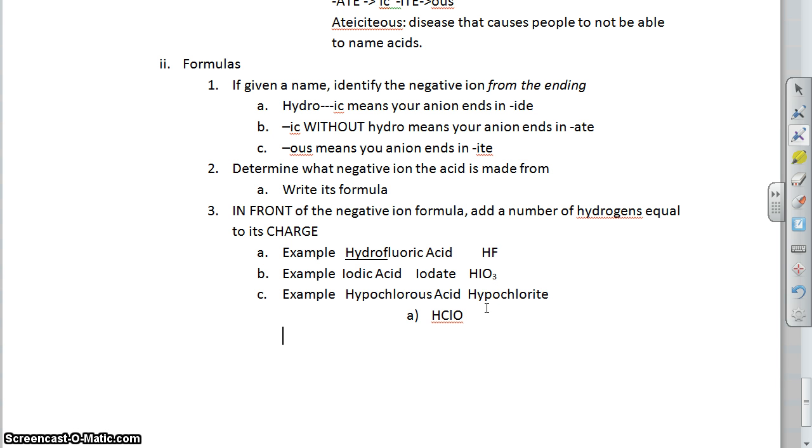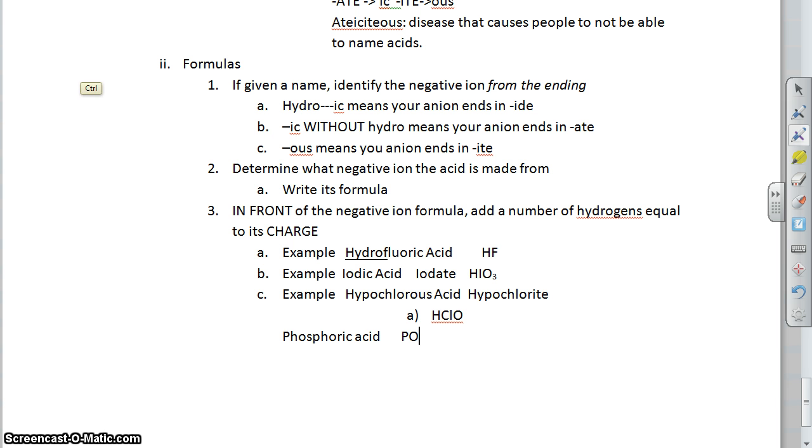Unfortunately, none of these examples had more than one H, so let's do one with more than one H. How about phosphoric acid? So phosphoric acid, there's no hydro, and it does end in ic, so it's an ate ion. So this would be phosphorate, which we don't find on our ion sheet. Oh wait, phosphorus is an example of one of the weird ones, so it must not be phosphorate, but just phosphate.